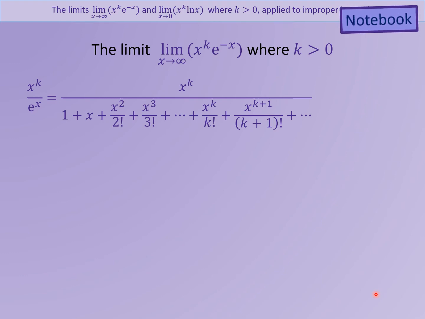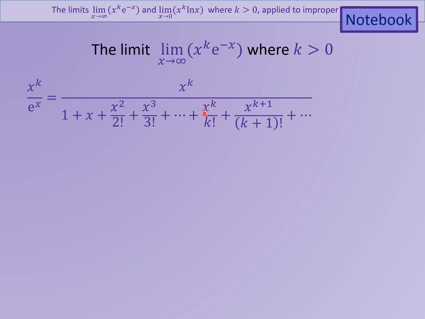The next step that I did was dividing through by x to the k. It doesn't matter what power this is, somewhere along this power series, it will be in there. Okay, this could be hundreds and hundreds of terms down. It doesn't matter. Whatever value k is, it will appear somewhere because this is an infinite power series.